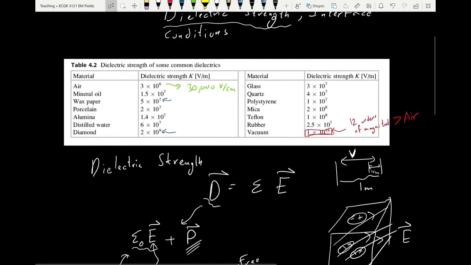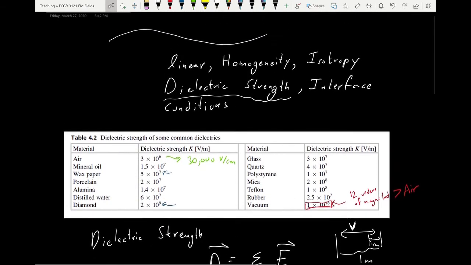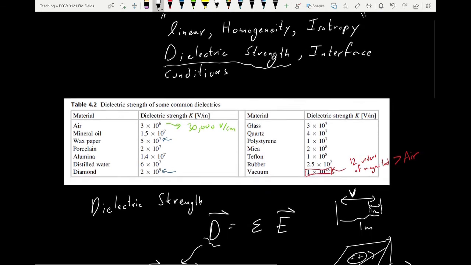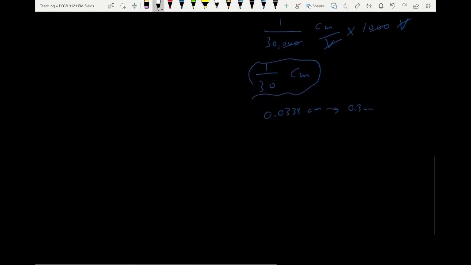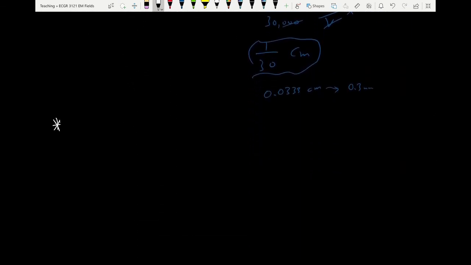Okay, so this is the concept of dielectric strength. Let me now touch upon those 3 words. What do they mean? Linear. What does it mean to say that the material is linear?